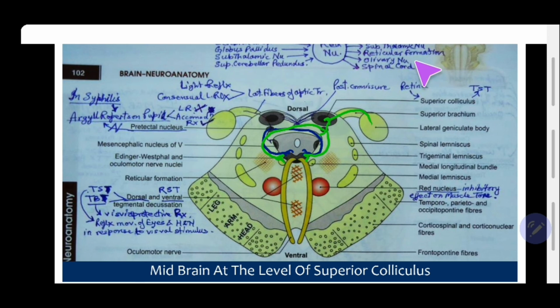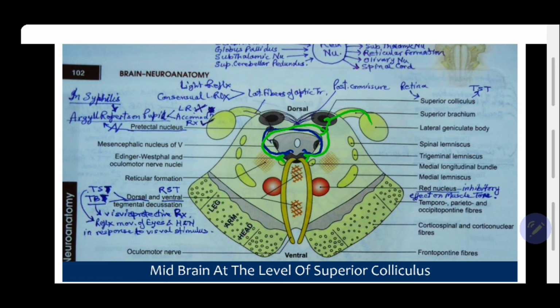Olivary means inferior olivary, because superior olivary, don't confuse, is for auditory pathway; balancing and all is related with inferior olivary. So it reaches to the inferior olivary and to the spinal cord. Efferents pass out like this. So this entire pathway of afferents reaching to red nucleus and then efferents emerging out from the red nucleus form the rubrospinal tract, rubro-olivary tract, and whatever efferent tracts form, they are named according to their names.